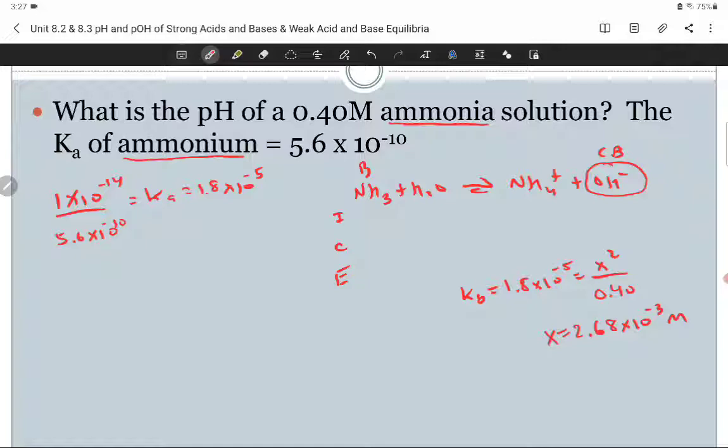And that x value is either of those two, but I don't really care about the ammonium if I'm trying to get a pH. So that is the hydroxide. If you want to go to pOH, you can do that. Just hit the negative log.